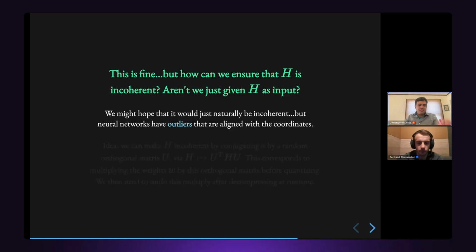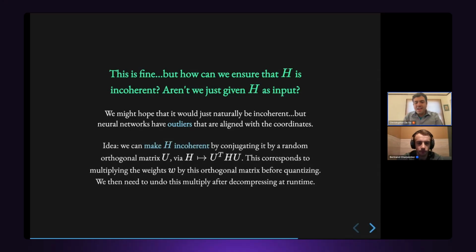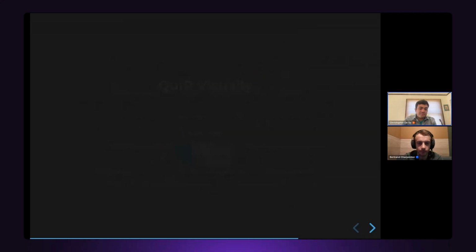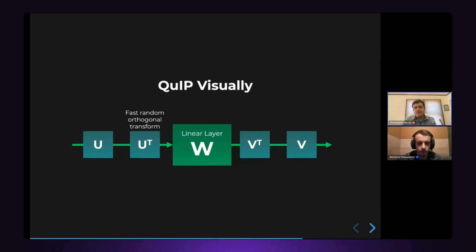So this is a problem, but we can just make H incoherent, force it to be incoherent, by multiplying it by a random orthogonal matrix. And so if we do something like this, we choose some fast random orthogonal transform, we replace our linear layer with: apply the transform, invert the transform, apply the linear layer, and then apply a second random transform and invert it.